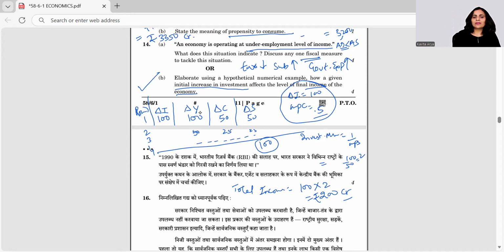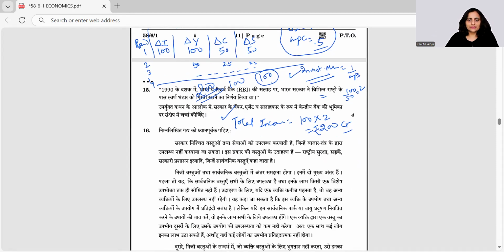You have to give the tabular presentation to show the mechanism, and you have to show these two calculations of total income generated and the investment multiplier, how you're going to get. You do put the values that here 100 is consumed, 100 is saved, and 200 is created as the total income because it is total is 200 here. And this fetches you full marks.